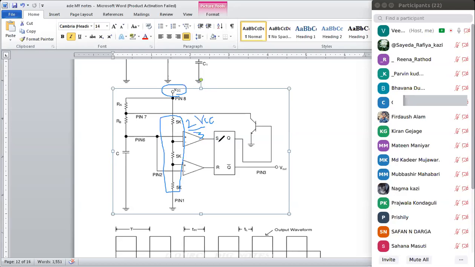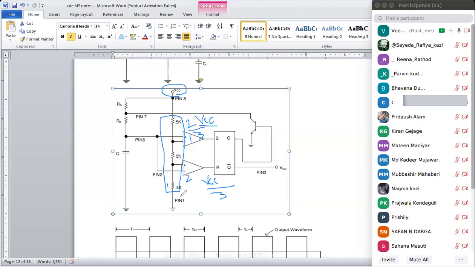Now comparator 1 will be producing 2 by 3 of VCC. How much voltage will comparator 2 generate from this VCC? It is directly VCC by 3, because only one resistance is there at the output side.